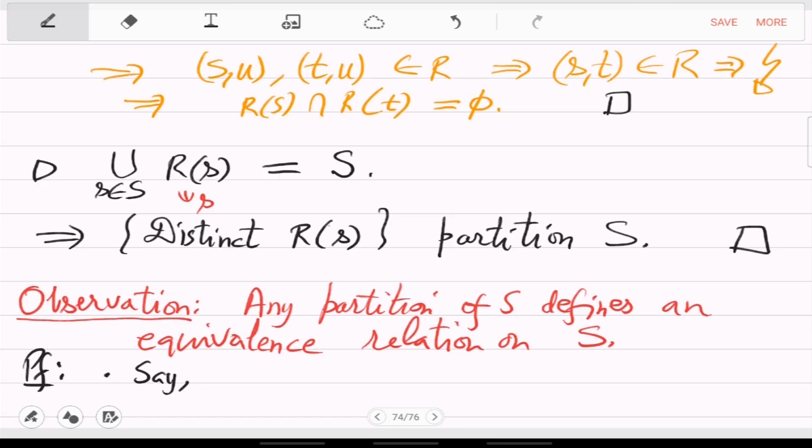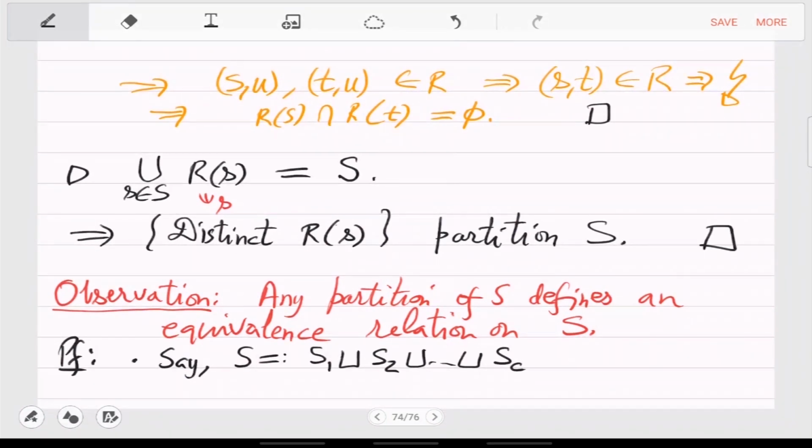So say S is S1, S2, ..., SC. This is a partition, which means the Si are disjoint. So the relation will be two elements are related if they are in the same part. Define (A, B) in R if A and B are in Si for some i.